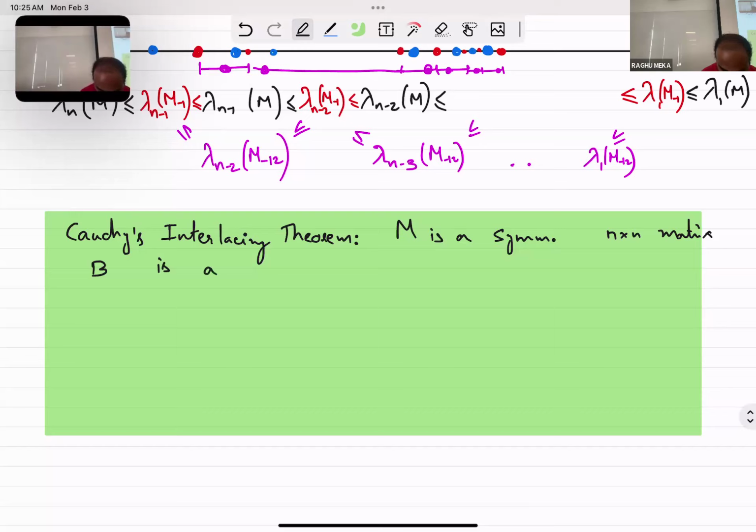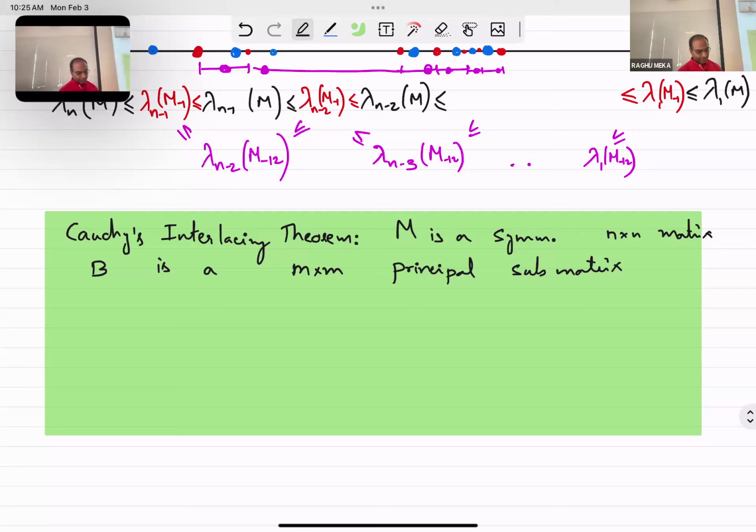B is an m by m principal submatrix. Then, let's say I order all the eigenvalues of M first.